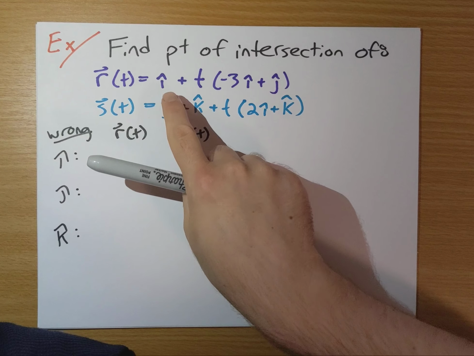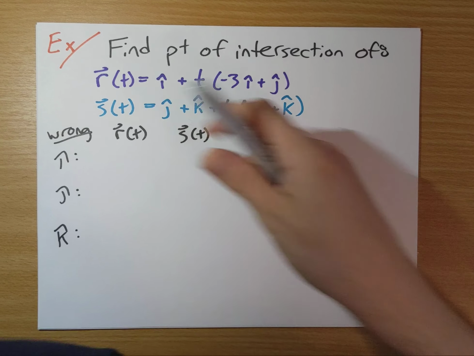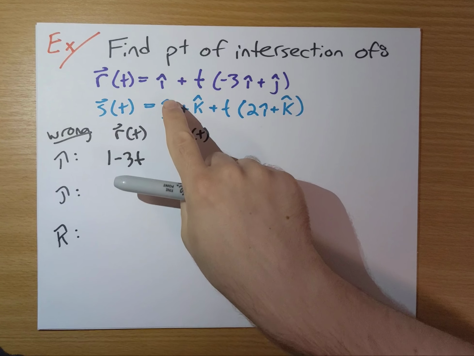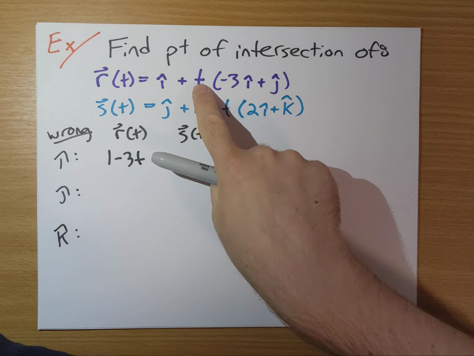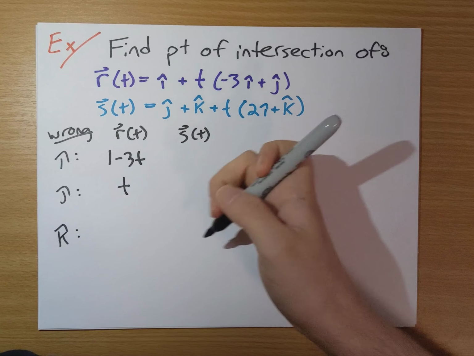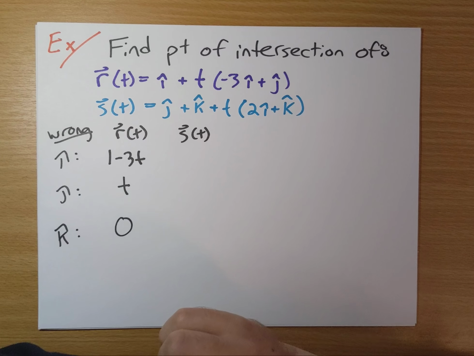So for r of t, the i hat component is 1 minus 3t. The j hat component is going to be just t. And there's no k hat component. Really what I should say is the k hat component here is 0.